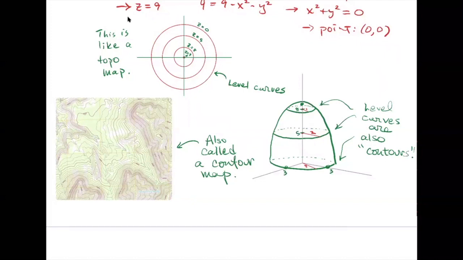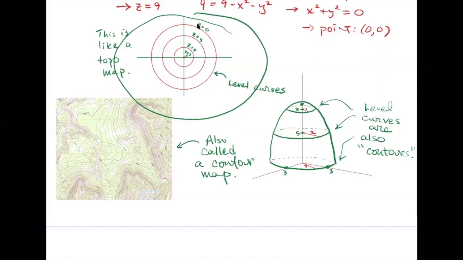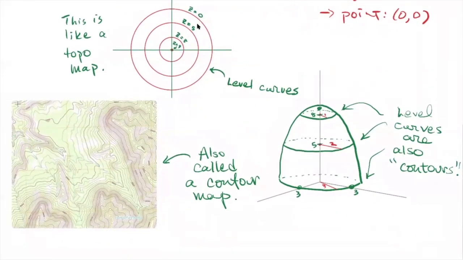So when you look at this map of level curves, you're just looking down on it the same way that you look down on a topo map, where the z coordinates are all set to 0. And all that's left are just those curves that were of equal altitude. Any questions?